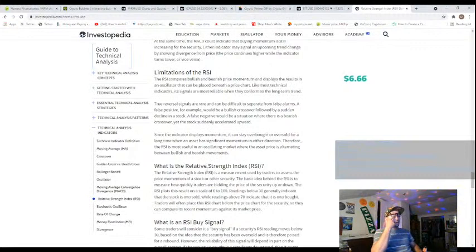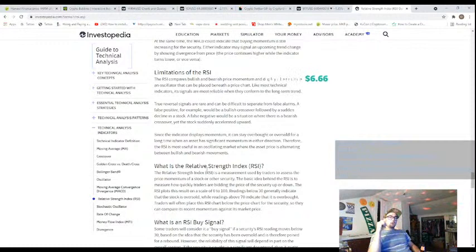Limitations of the RSI. The RSI compares bullish and bearish price momentum and displays the results in an oscillator that can be placed beneath the chart. So an oscillator is an indicator, okay? That's all that means, oscillator, indicator. The visual you need to keep in your mind is that RSI is a little purple line.